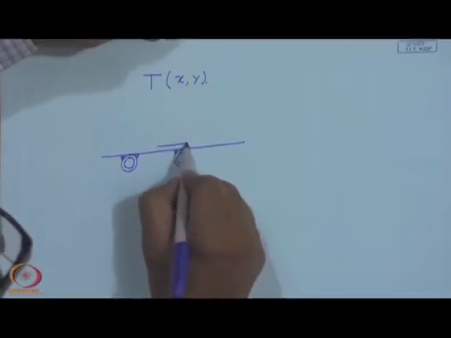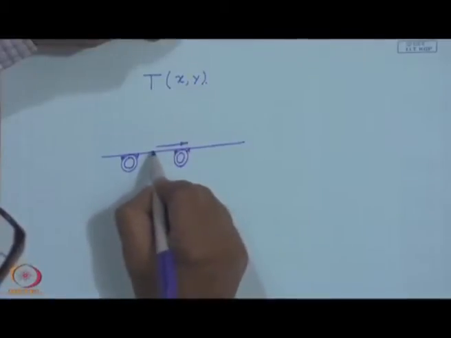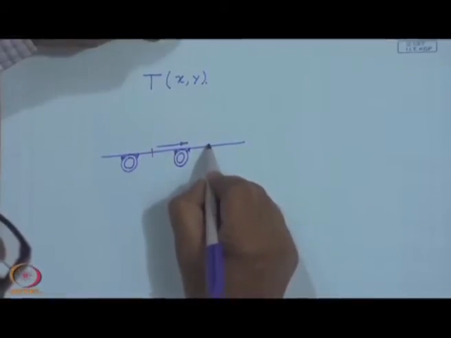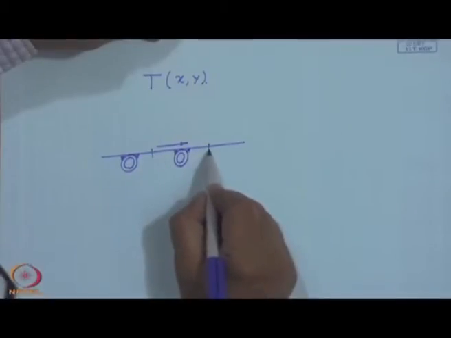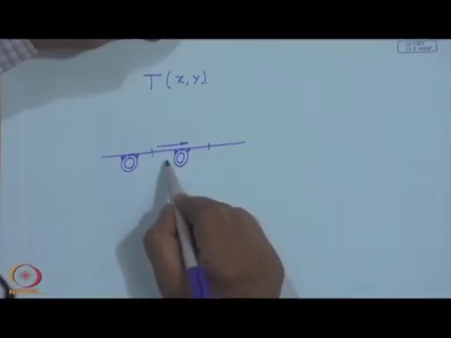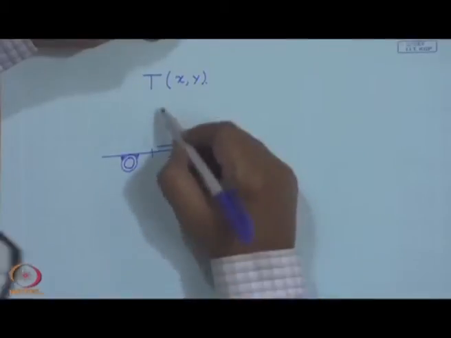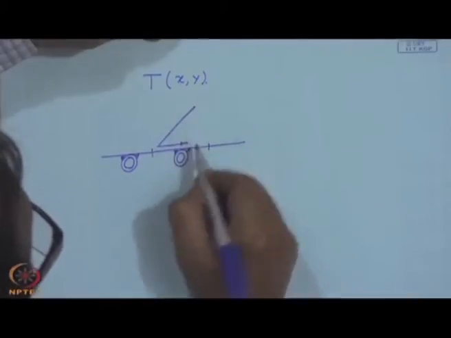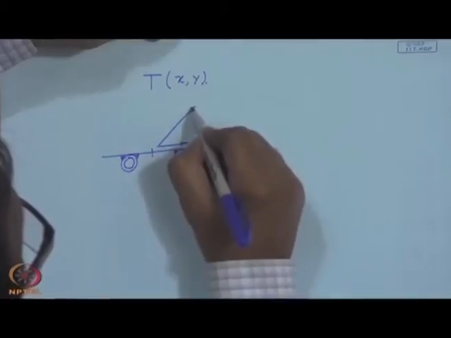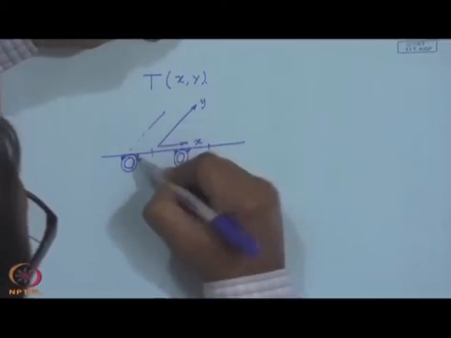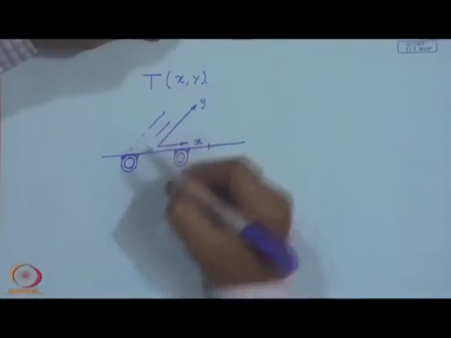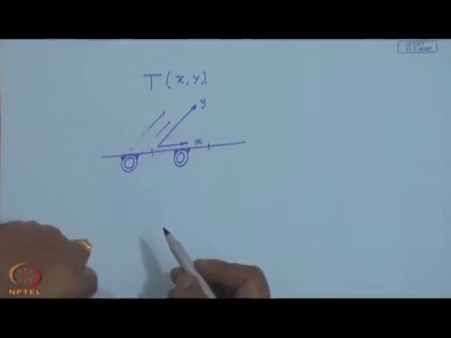Now, the type of element, something like this, half a fin to the left and half a fin to the right of a tube, is a repetitive element. So, this may be called the x direction and this the y direction, where you have these tubes running perpendicular to the plane as we have shown here.